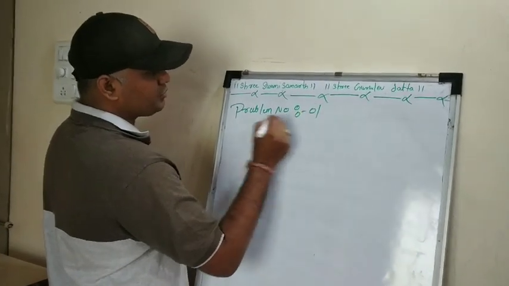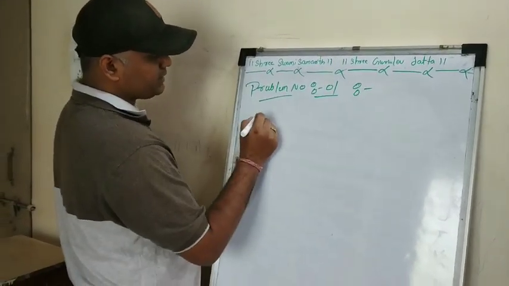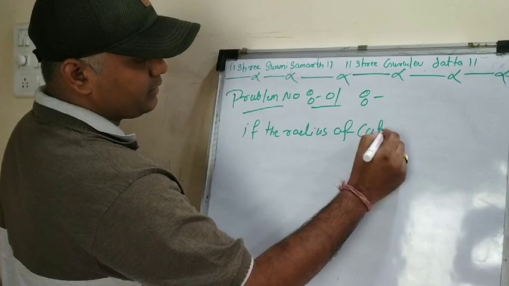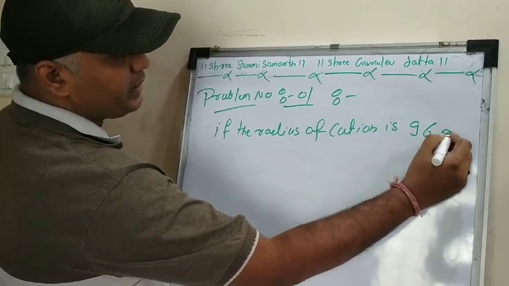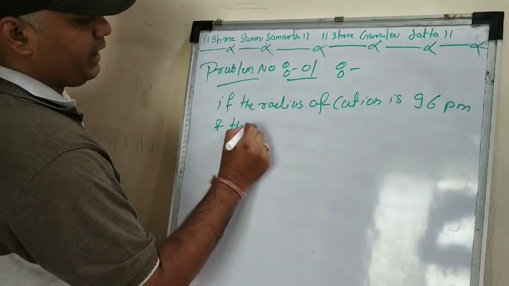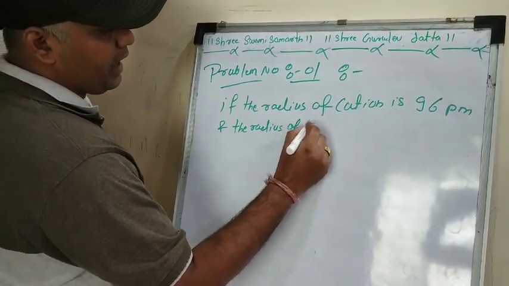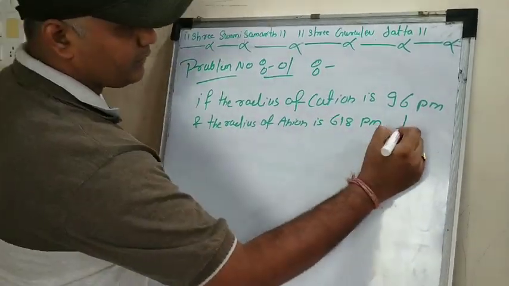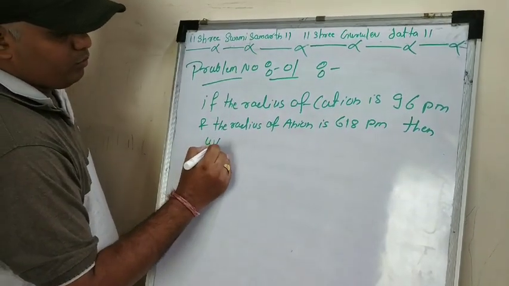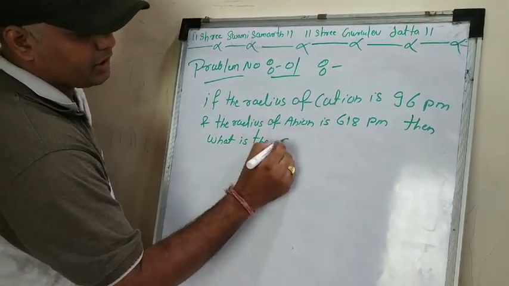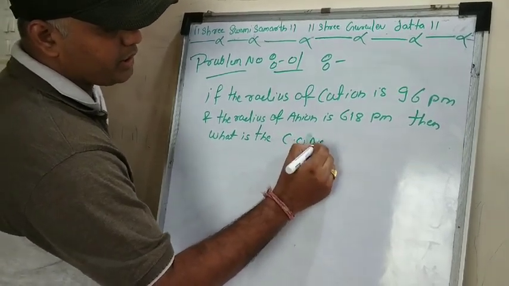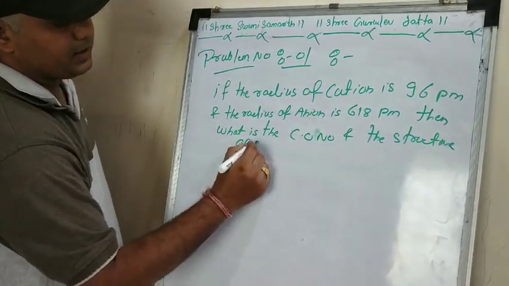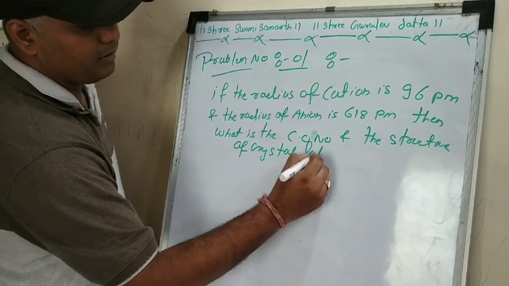I request all the students to note down the problems. Let's say that if the radius of the cation is 96 picometer and the radius of the anion is 618 picometer, then what is the coordination number and the structure of the crystal lattice, right?